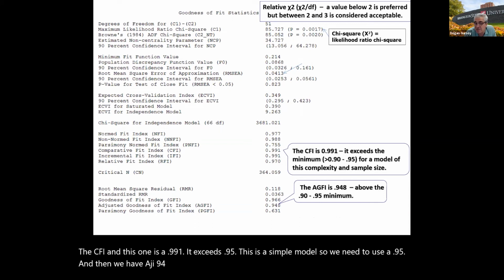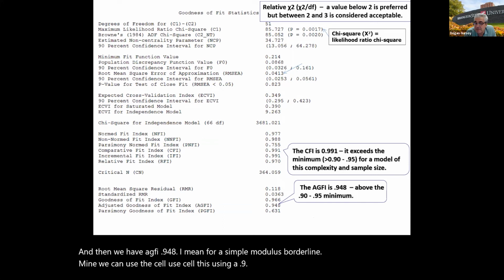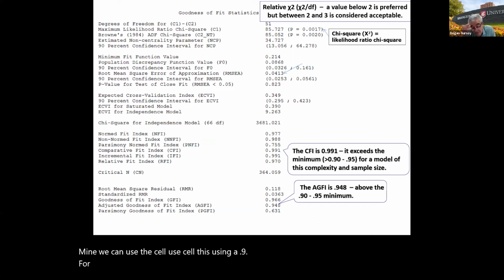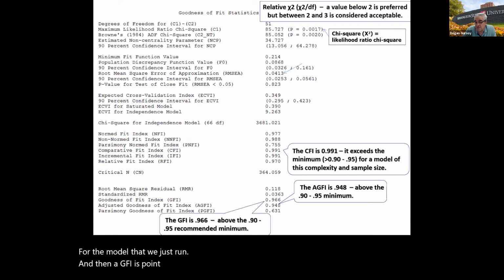For a simple model, it's borderline, but we can use 0.9 for the model that we just ran. And then the GFI is 0.96, so that's acceptable. If you look at most of the fit indices, they are acceptable.